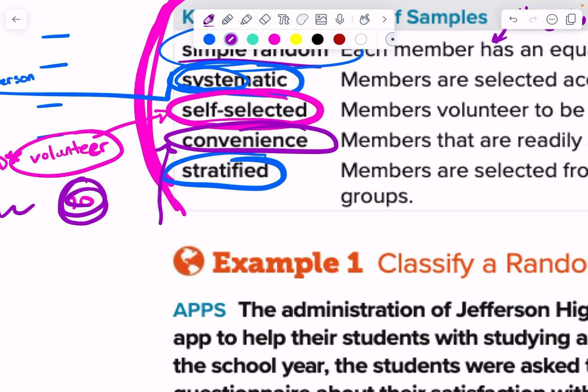Rather than surveying them myself, and having them come stand on a scale and measuring them on the wall, I could just go to their physical forms that are in the office. I'd have to have permission, HIPAA, all that stuff. But I could get that information just from their physical forms.